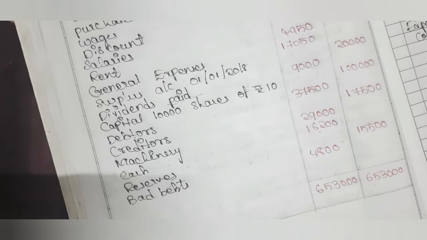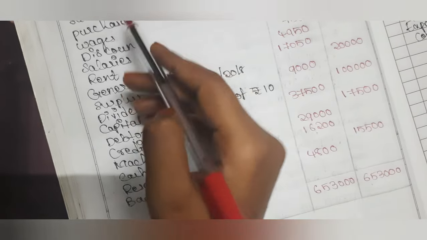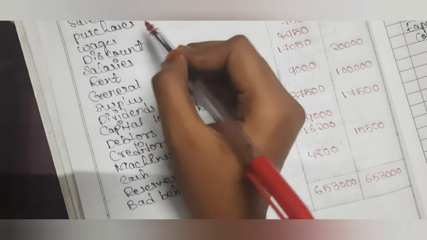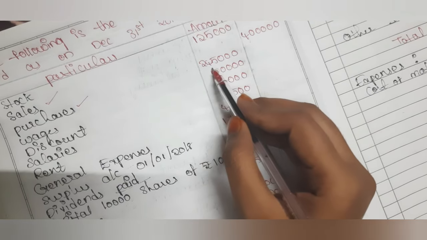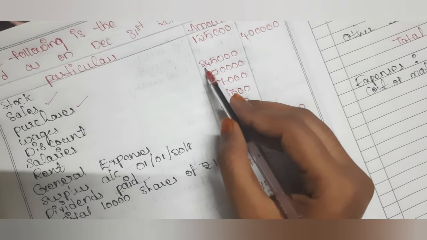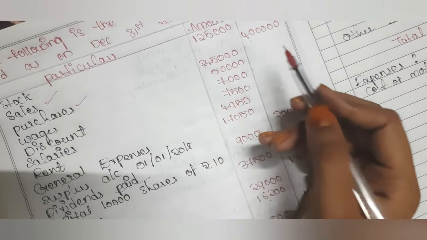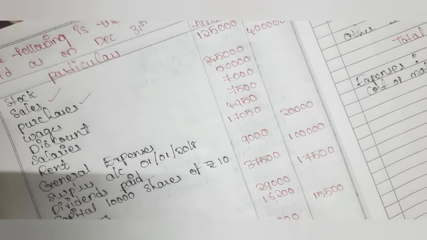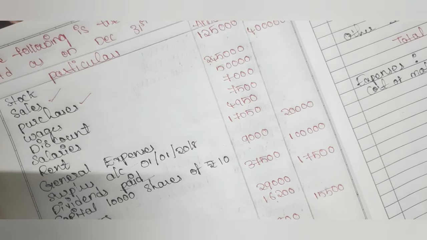Cost of material consumed. Do we have any purchases? Have a look. Yes, we have purchases. How much is the amount for purchases? It is 2,45,000. But do we take 2,45,000?